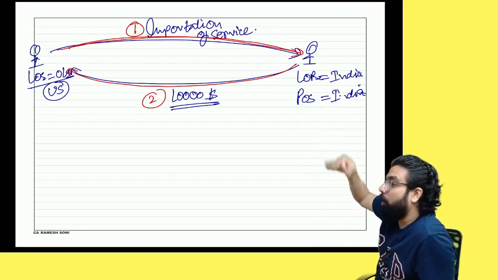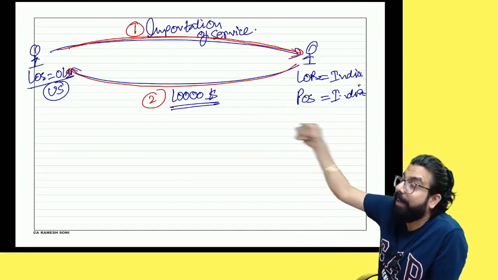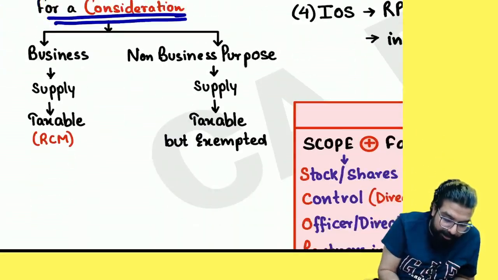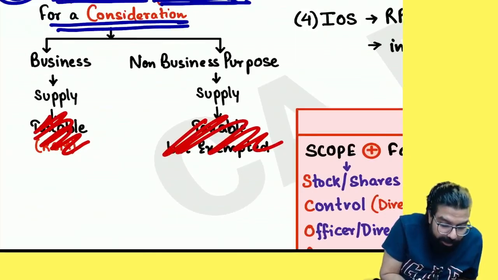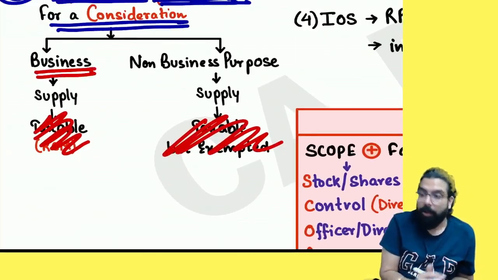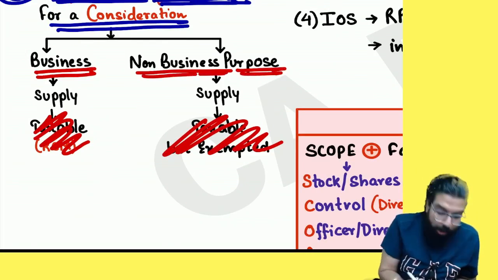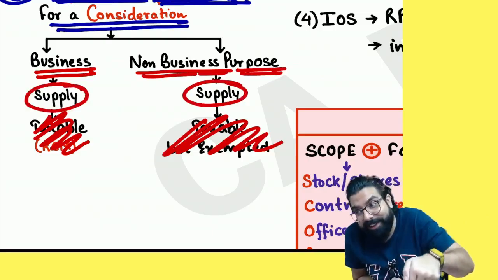Whether he does interior of my office, whether he does interior of my home, did he do business in India? Government says, Ramesh, if you take importation, you don't see all this now. Don't cut anything. Whether you take it for your business or non-business, might be I took the interior designing for my home, both will be a supply. And government wants what? GST. Why?